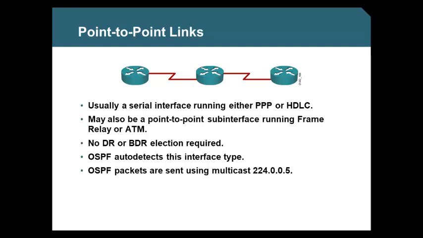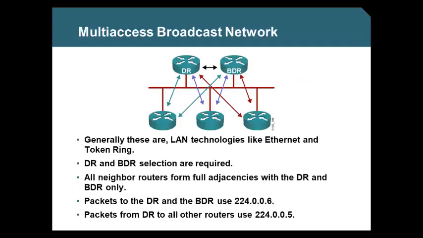Only in a multi-access broadcast network, in order to talk to the DR, you need .6. For the DR to talk to every other router, you need .5. Because in a broadcast multi-access environment, there is always a DR and BDR, and every router will form full adjacency with the DR and BDR only.